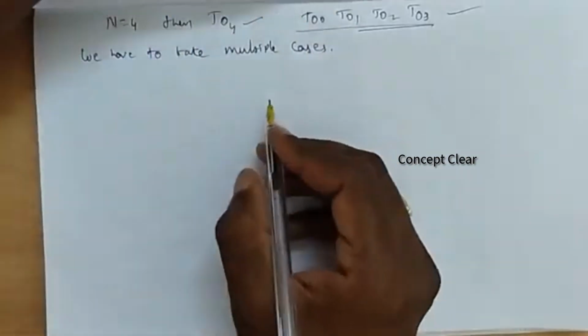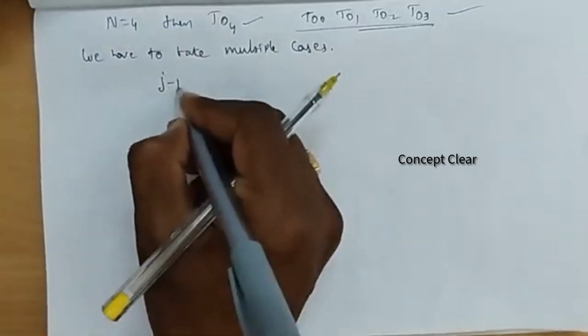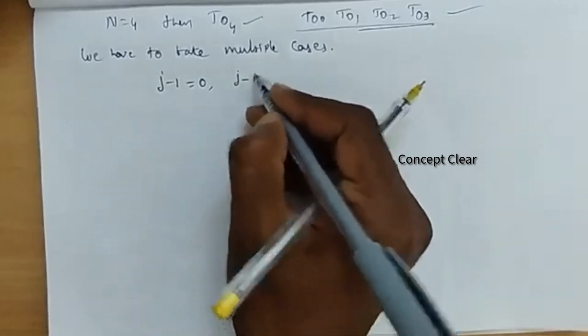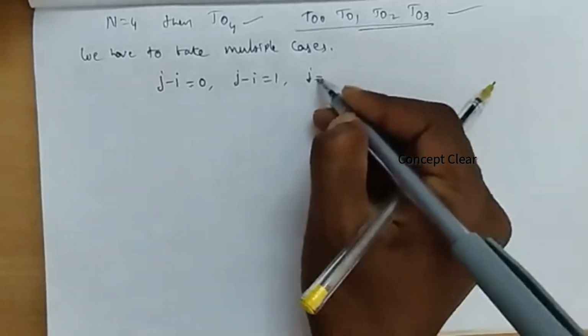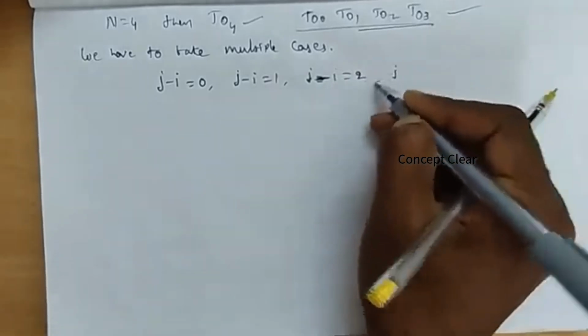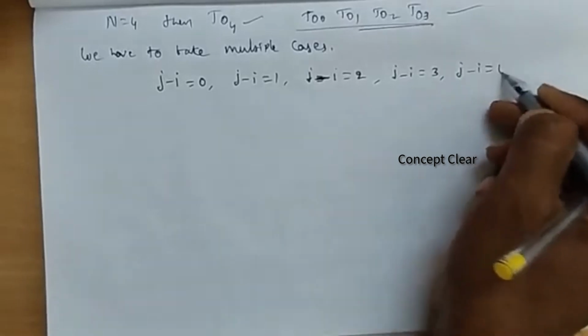What are the cases we have to take? Okay, remember these cases are very important: j minus i equals 0 case, j minus i equals 1, j minus i equals 2, j minus i equals 3, j minus i equals 4.